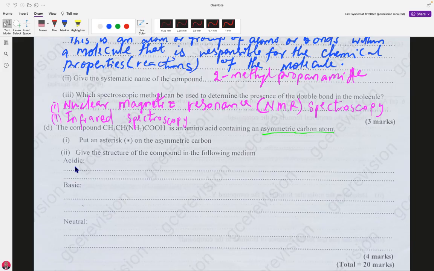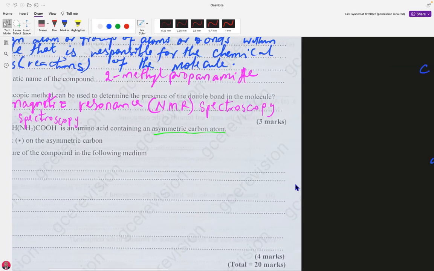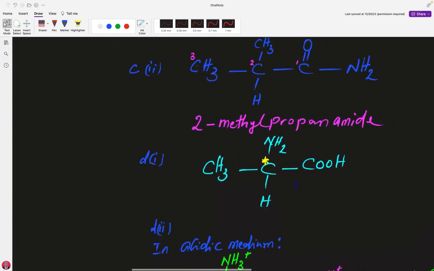I want to give you the structures in acidic medium. You have to write the equation and then underline the structure. But if you have a rough sheet of paper, you do the equation there and just place the structure here. So in acidic medium, let me show what is happening there.